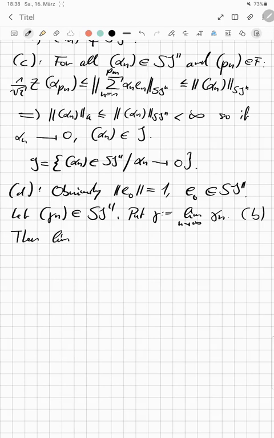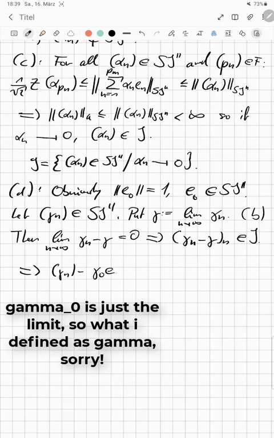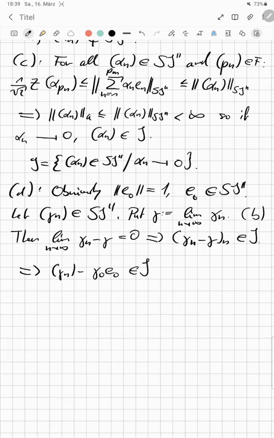Then the limit as n goes to infinity of gamma n minus gamma is of course 0. But this means that if at every index we subtract gamma, this, which is a sequence in n, is an element of James space. And as such, gamma n minus gamma 0 times E0 is in James space. That's just a different way to write this, because E0 is the constant 1 vector.